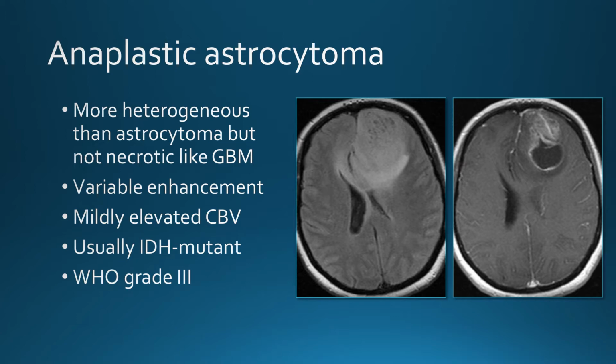And if you look at this example here, I don't have the T2 weighted images, but it probably has the T2 FLAIR mismatch sign. If you look, most of the tumor is not that bright on the FLAIR. Probably this was all brighter on the T2, so this one probably did have the T2 FLAIR mismatch sign.